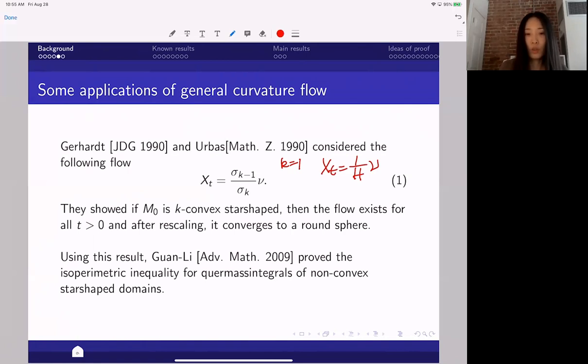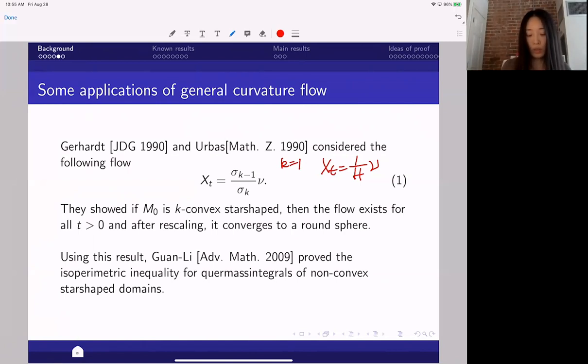So they showed that if the initial surface is k-convex and star-shaped, as we mentioned before, k-convex means that the sigma_k curvature is greater than 0, and the sigma_{k-1} curvature is also greater than 0, and up until the sigma_1 curvature is greater than 0.